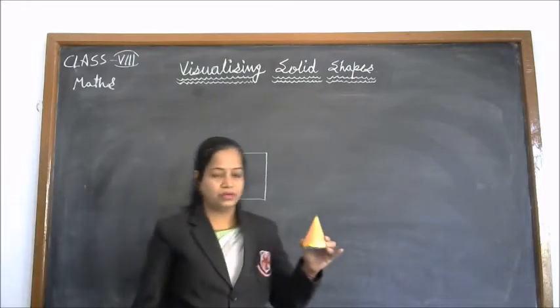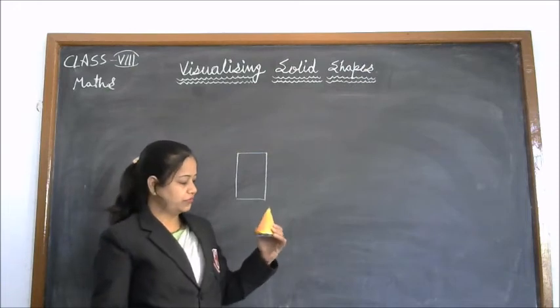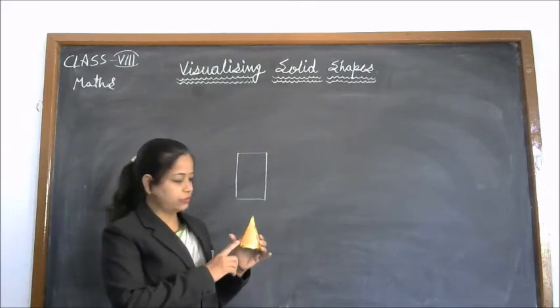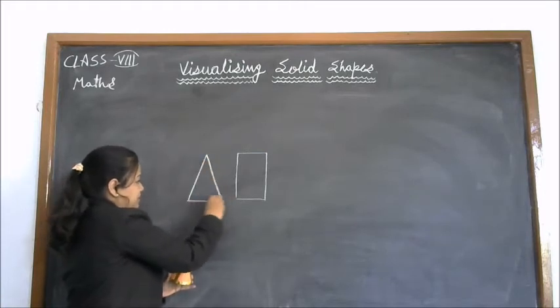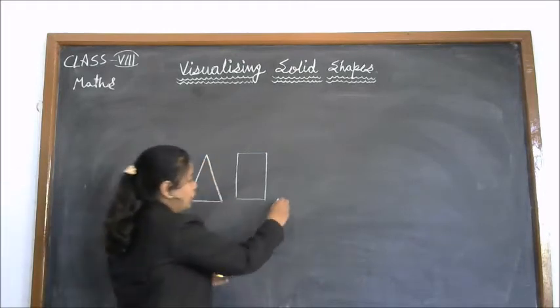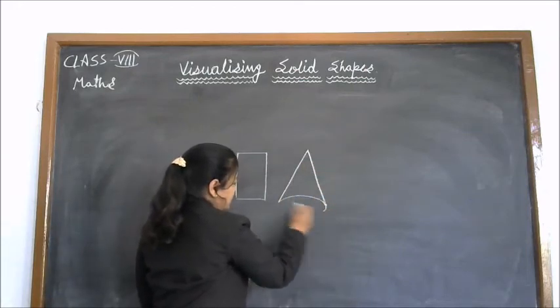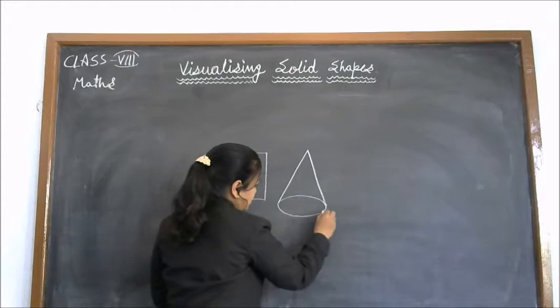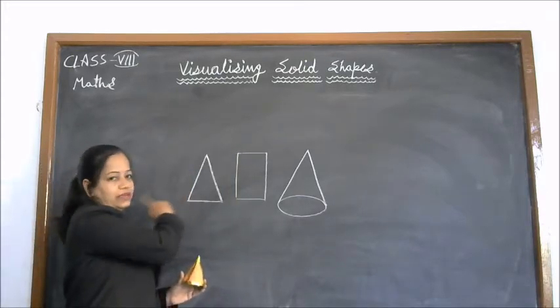It is a cone. If we have to draw the cone's front view, we can draw it like this. We can draw a cone like this on the blackboard. So its front view is triangular.